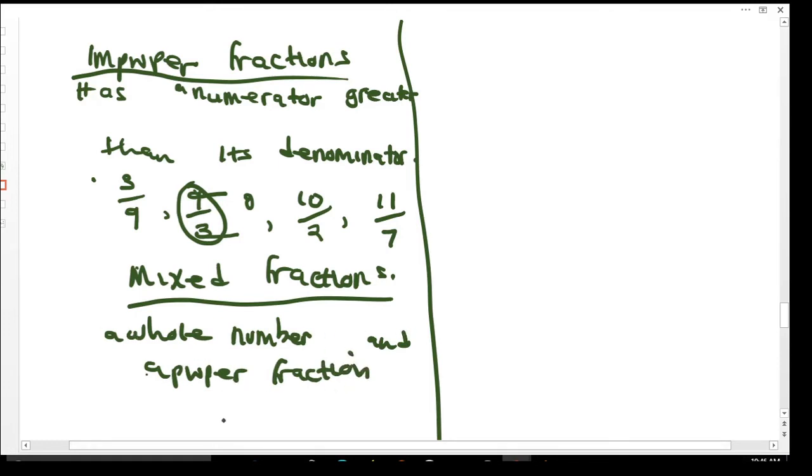For example, if you have 1 out of 4, so this one is a mixed fraction, whereby this one becomes a whole number. Then this is the 1 out of 4, a quarter, which is a proper fraction, whereby the numerator is smaller than the denominator.